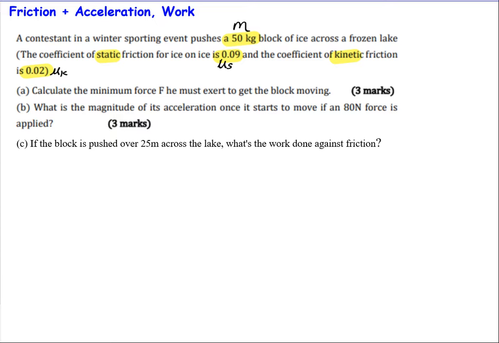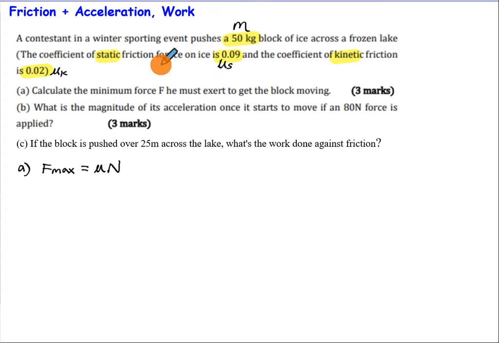It's asking for the situation where limiting equilibrium happens. So that means it's simply asking for F max, which we know by formula is mu times normal force.